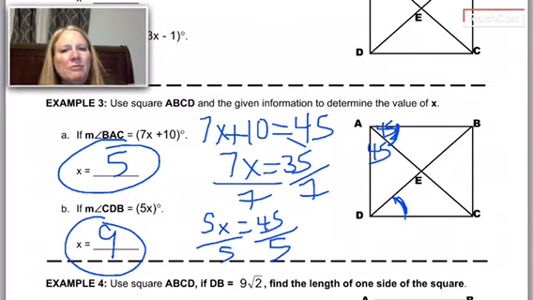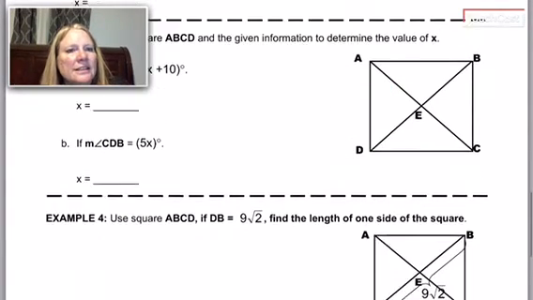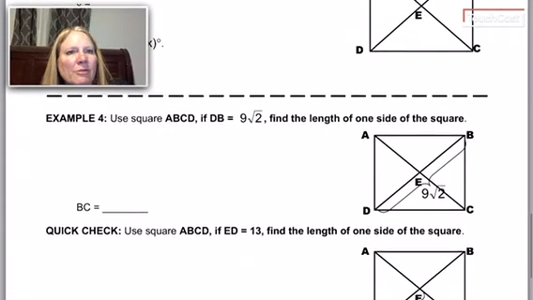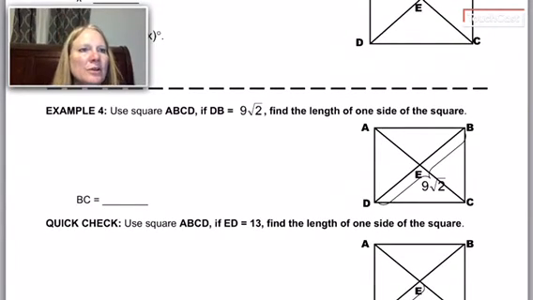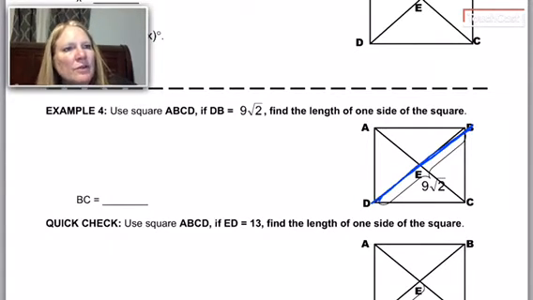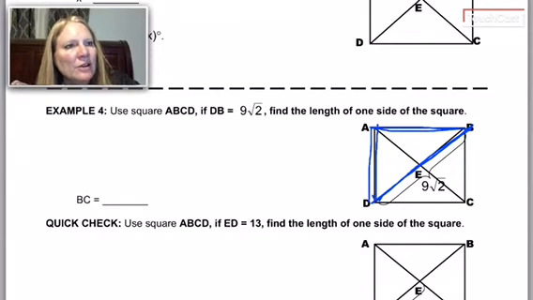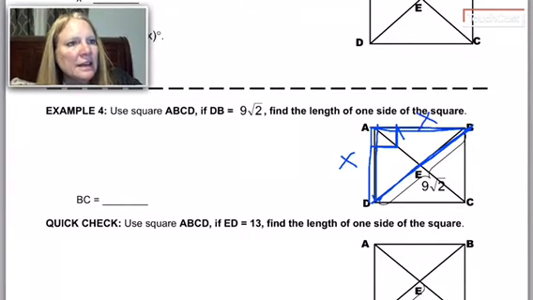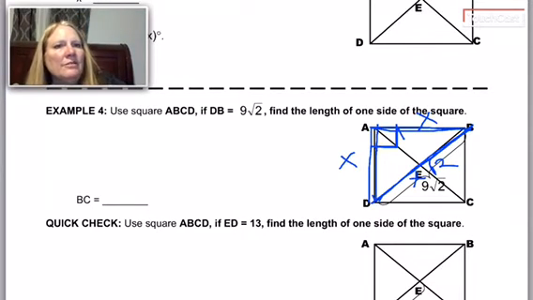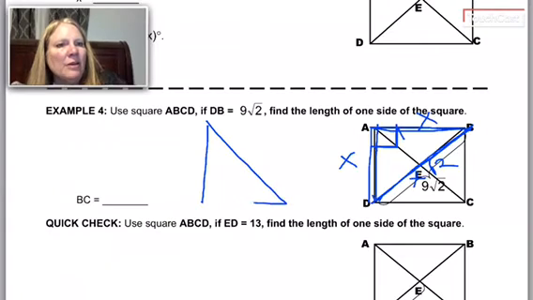Okay, let's look at example 4. I can see that we're going to use our 45, 45, 90 triangles. DB, this entire length, is 9 square root of 2. So what we're looking at is this triangle right here. This is a 90-degree angle. The sides are the same. So this is x, x, and this side is x square root of 2. If you want to draw it separately, that might be helpful.